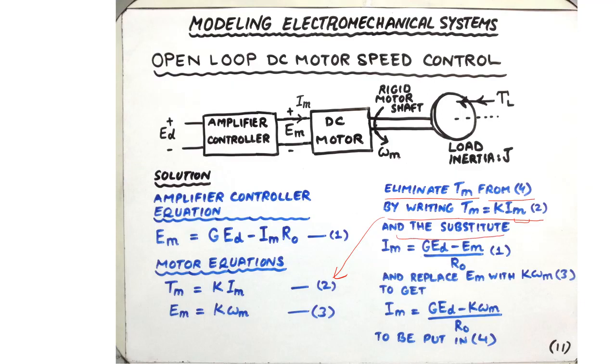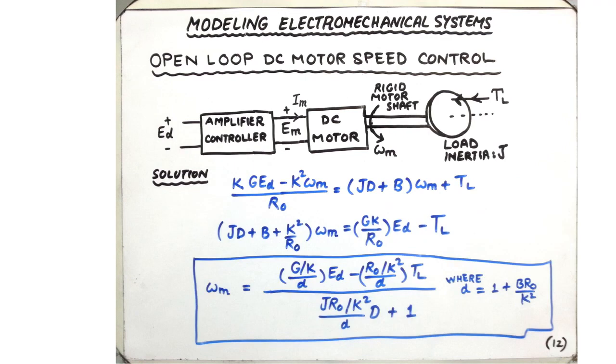This is done by substituting the expression of Im given in equation number 1, the amplifier controller equation. So once that is attained, express Im as G times (Ed minus omega m over R naught), a whole divided by R naught. And we're just going to put that into equation number 4. Which, upon further simplification, will give us a first order differential equation shown here.